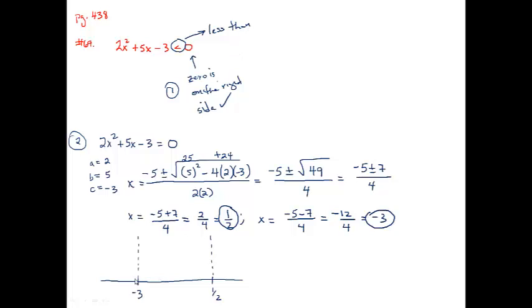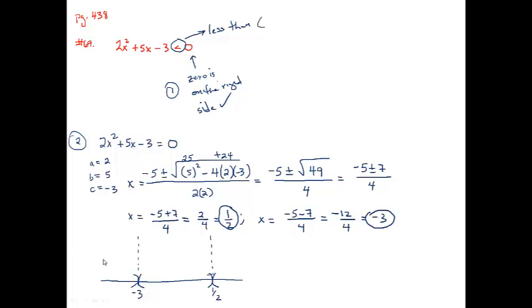Therefore, on your number line, you should be using parentheses, one facing to the right, one facing to the left. Remember, use parentheses when not including. If it had an equal sign underneath there, I would have used brackets.